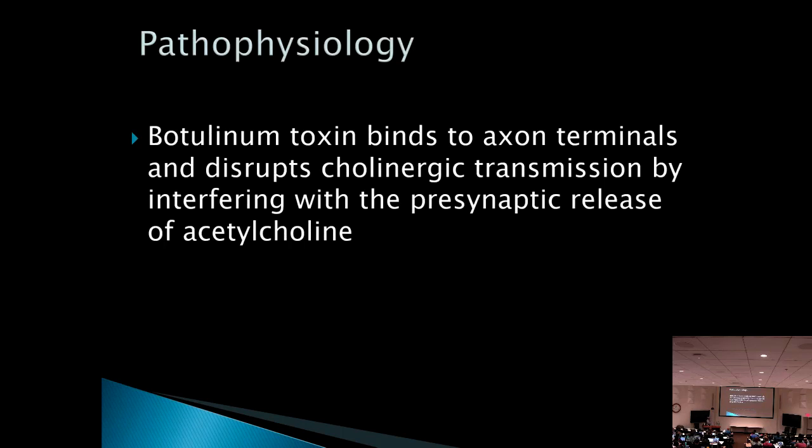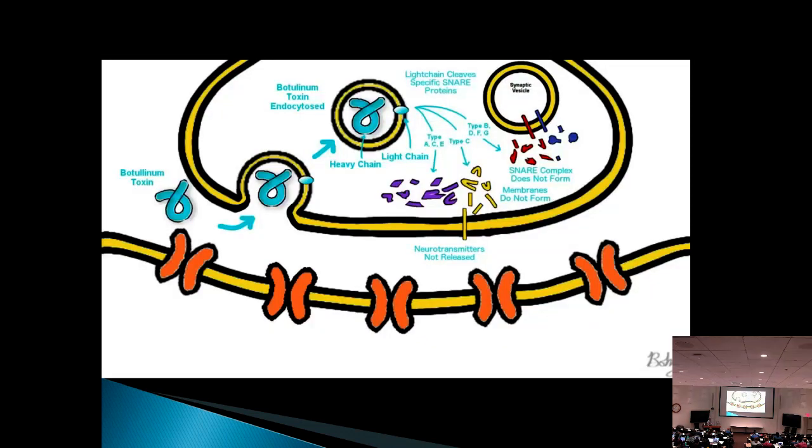Okay, so let me show you a picture here of botulinum toxin. It binds to the axon terminals, and the disruption here is with the SNARE proteins. The toxin actually has a heavy and a light chain. The heavy part of it seems to be important mainly for introducing it into the presynaptic terminal. It's the light chain right here that is responsible for cleaving the SNARE proteins.